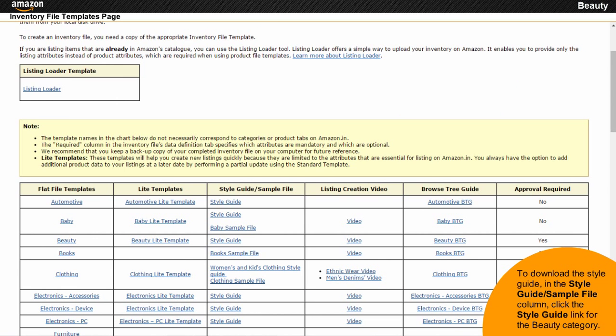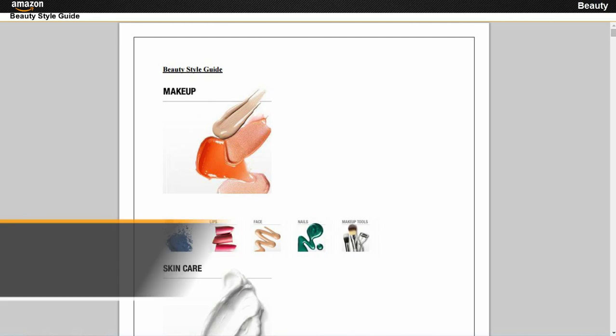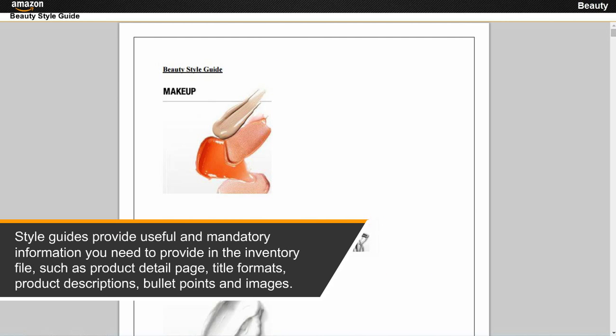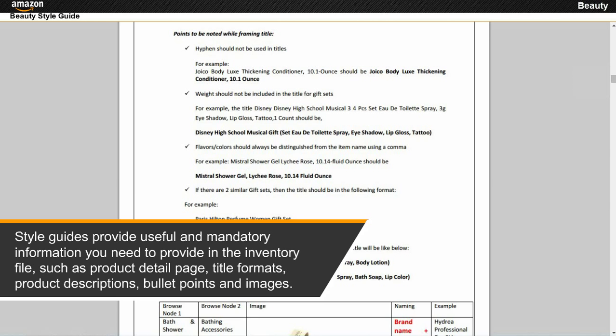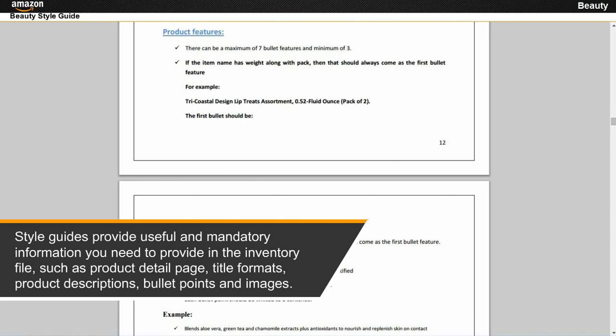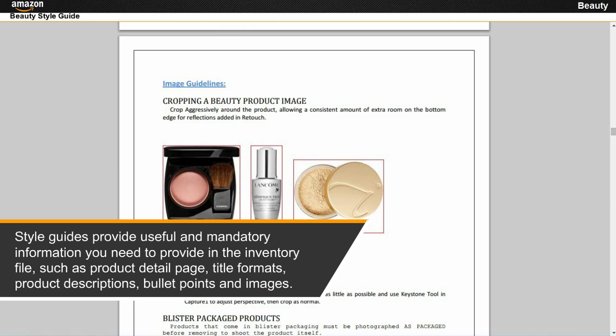To download the style guide, in the Style Guide/sample file column, click the Style Guide link for the beauty category. Style guides provide useful and mandatory information you need to provide in the inventory file, such as product detail page, title formats, product descriptions, bullet points, and images.